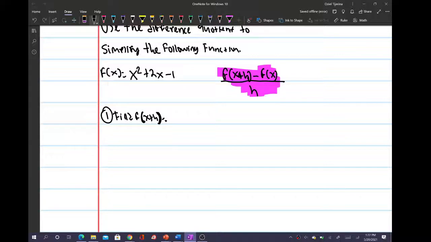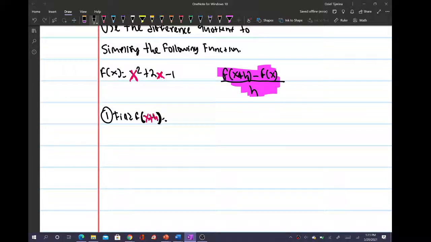Some people use a different variable, but mostly I like to use x plus h. You can use any variable, or your professor may use another variable, it doesn't matter. Anyways, what we're gonna do is plug this in for every x value, okay? So if I color code this, we're gonna plug this in for every x value in this function.